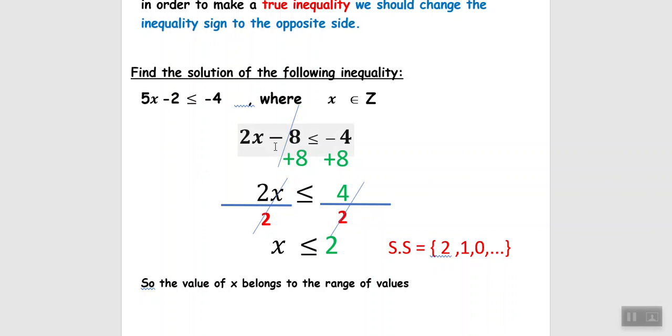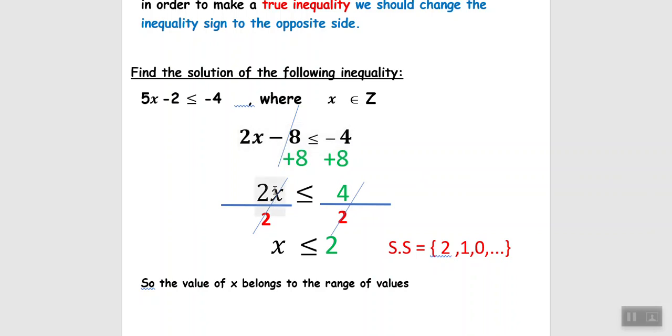So 2x minus 8, if we add 8 to both sides of the inequality, we get on the left side 2x minus 8 plus 8, and on the right side negative 4 plus 8. Negative 8 plus 8 equals 0, so the left side will have 2x only. The right side, negative 4 plus 8 equals 4.